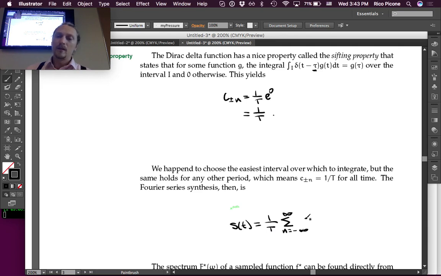We would typically put in the c_n's here, but the c_n's are all 1 over T, so we'll just pull it out front conveniently. And then all we're left with in here is e to the j 2 pi n t over the period T.